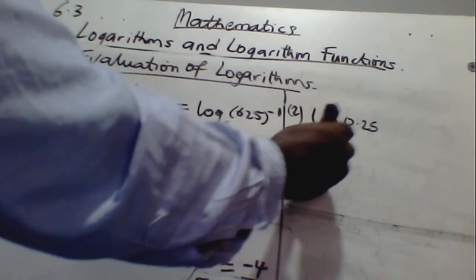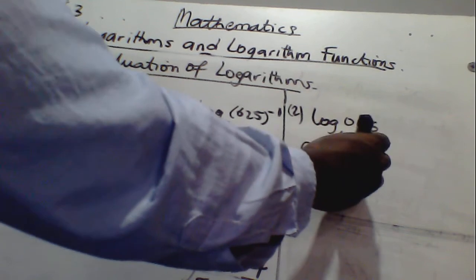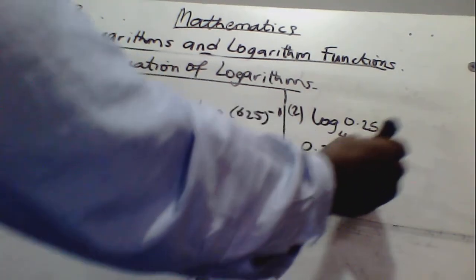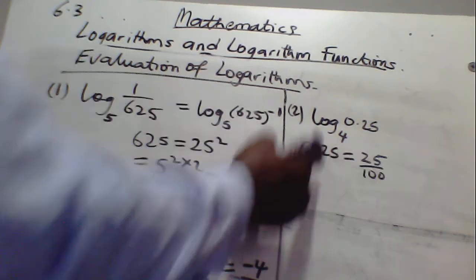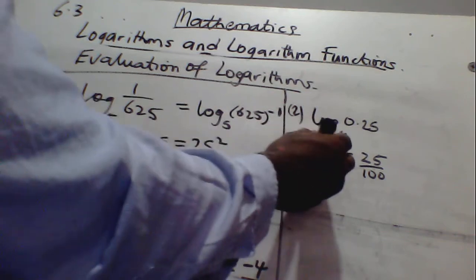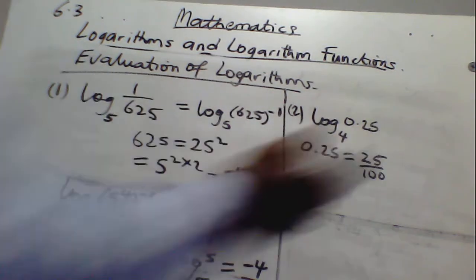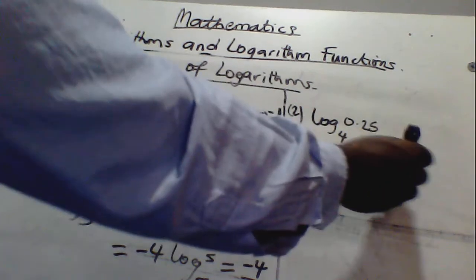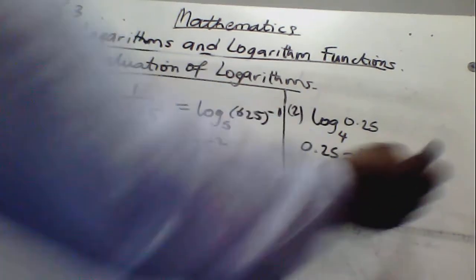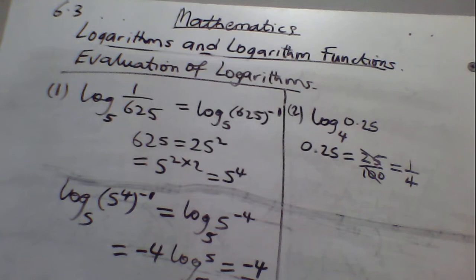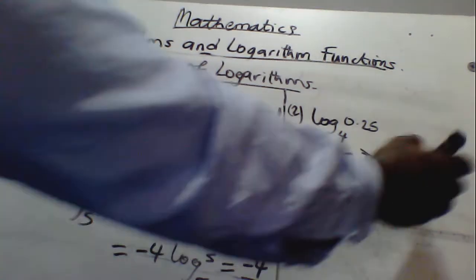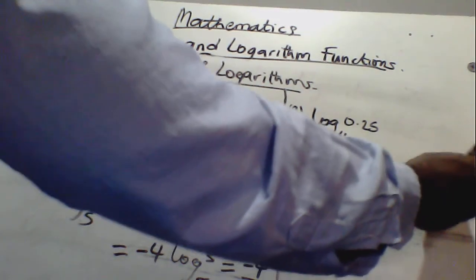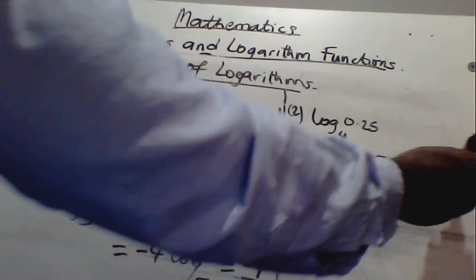We know that 0.25 is the same thing as 25 divided by 100. Simplify the fraction to give us 1 over 4. Is it not 1 over 4? And we know that 1 over 4 is the same thing as 4 raised to the power minus 1.